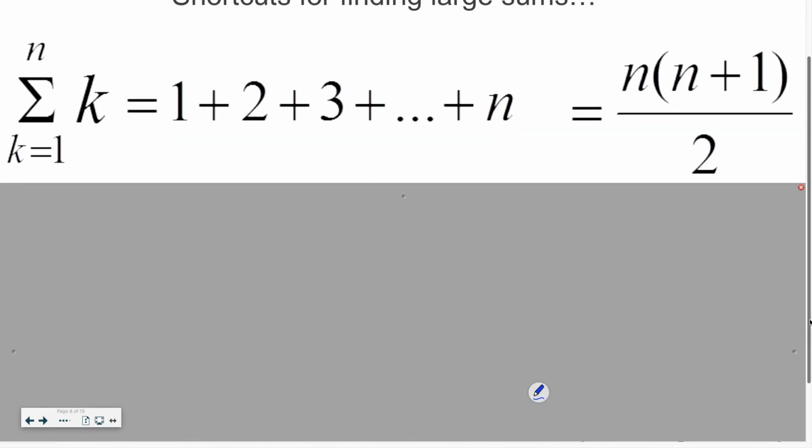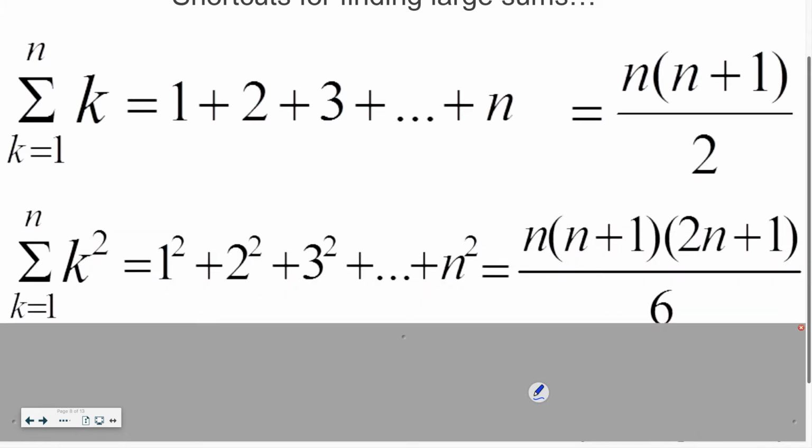So if you have the sum from 1 to anything of k, instead of actually adding everything together, we can use this shortcut right here. Takes a lot less time, especially the bigger the number for your upper limit.